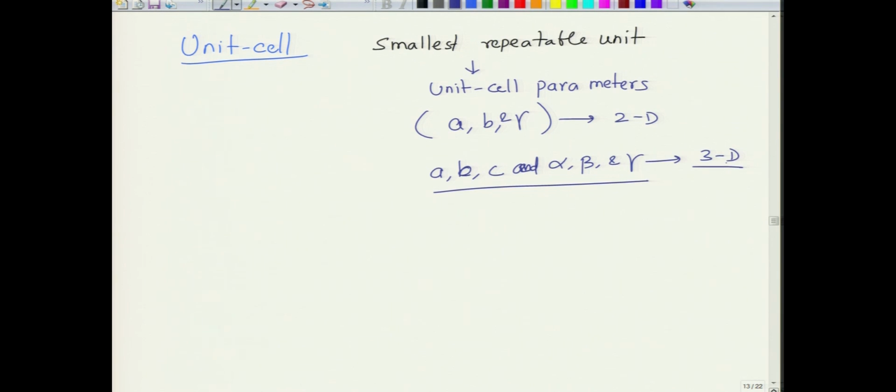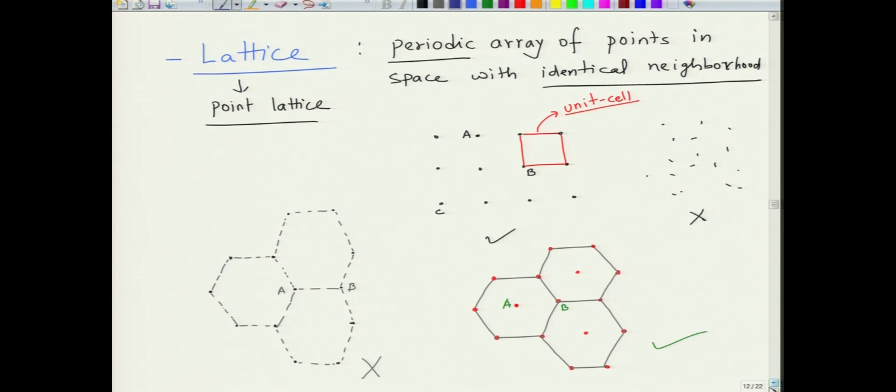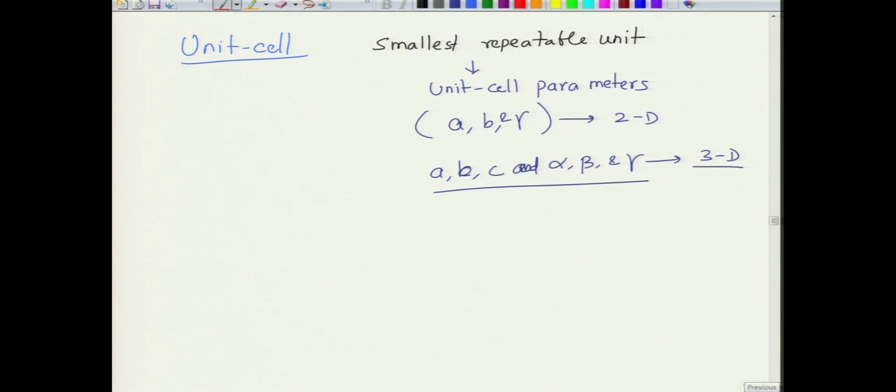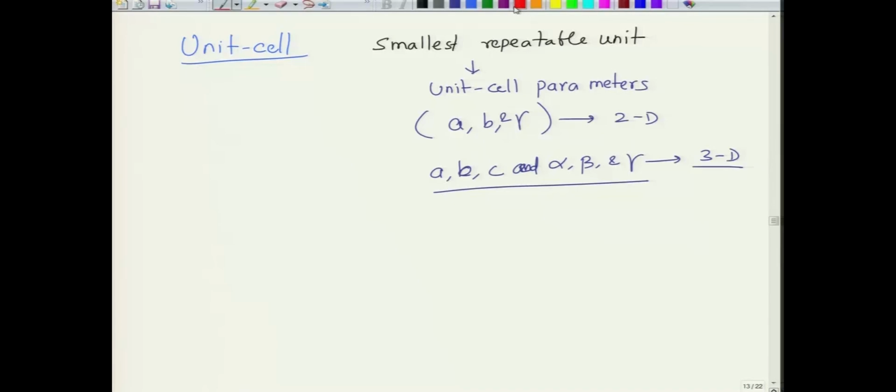These are called unit cell parameters. Now, the choice of this cell is not unique. You can make any shape unit cell. For example, in this case you can make this as a unit cell, but it is also possible to make this as a unit cell. So, this is also a unit cell. This is where the question arises of what kind of unit cell we shall choose. This is determined by what we call symmetry considerations, based on the shape, lattice parameters and the symmetry.